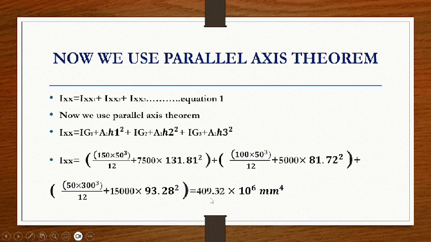That is 409.32 times 10 to the 6 mm to the power 4. That is the moment of inertia about the x-axis.